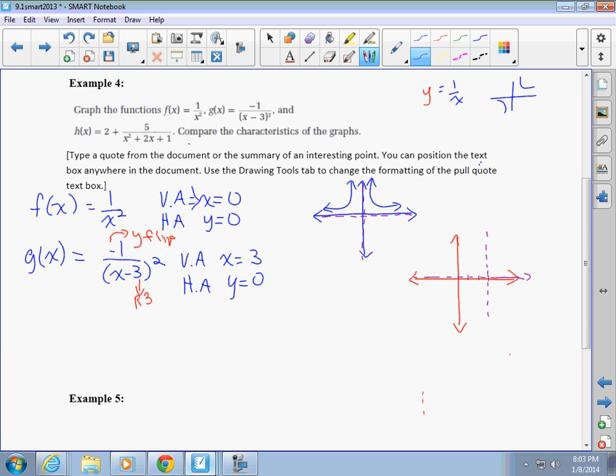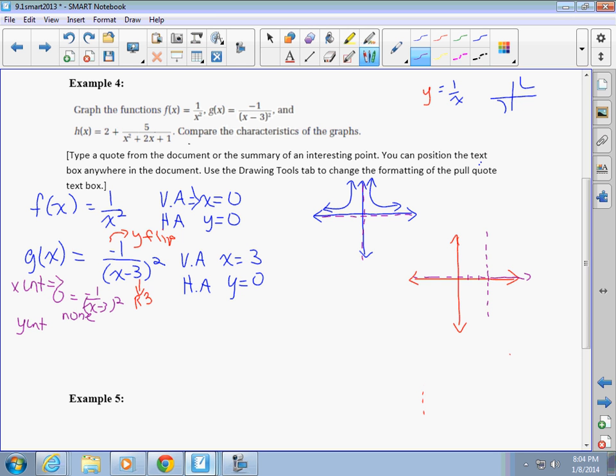So my x-intercept, y equals 0, so I have 0 is equal to negative 1 over x minus 3 squared, multiplied by x minus 3 squared to get rid of that. So I have 0 is equal to negative 1, so there is no x-intercept.